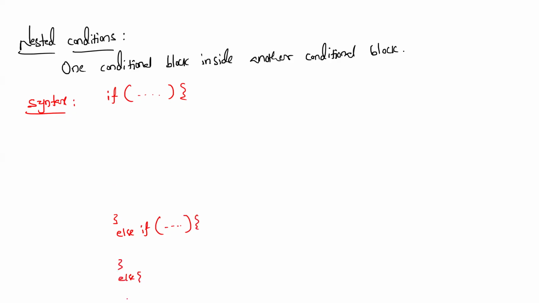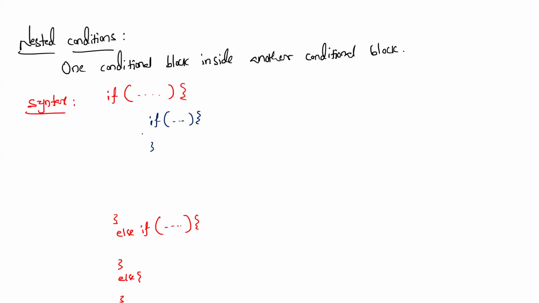That is the basic syntax. Now inside this if part, can we have one more if with condition and its block? Inside one if, one more if we are writing. This is one condition block inside another condition block. Is this a valid syntax?